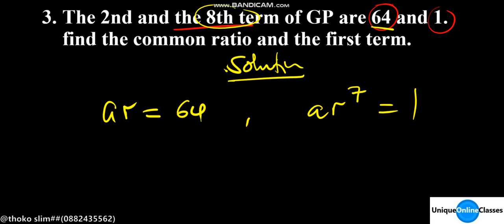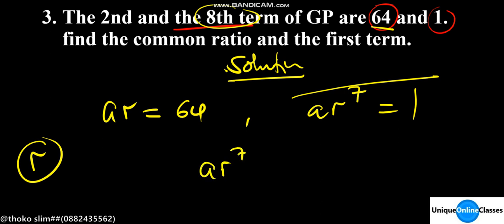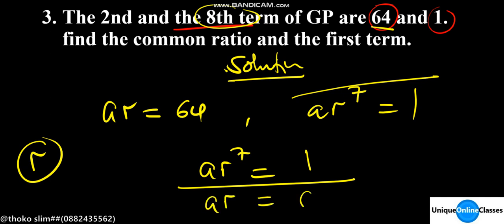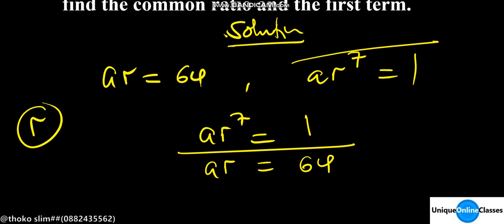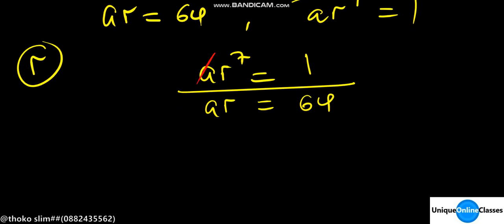To find the common ratio, like I said, we take the term in front divided by the term behind. The term in front is AR raised to the power 7 is equal to 1, and you divide it by AR is equal to 64. It is a matter of cancelling, so R raised to the power 6 is equal to 1/64.